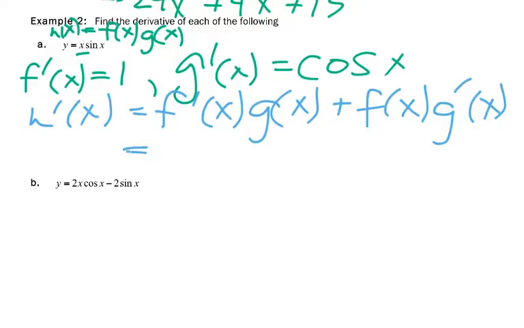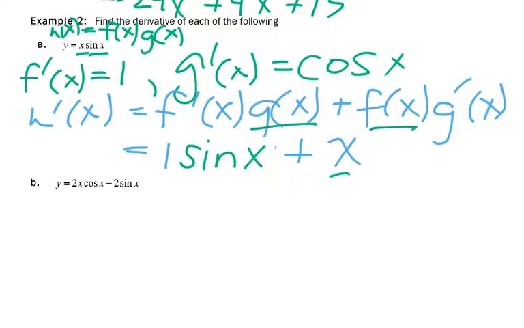Okay, so we said f prime of x is just 1. G of x is cosine of x. F of x was x, and g prime of x, whoops, sorry. I took the derivative there and I shouldn't have. F prime of x is 1. G of x was just sine of x. So this should be sine of x. Then we have f of x is x.